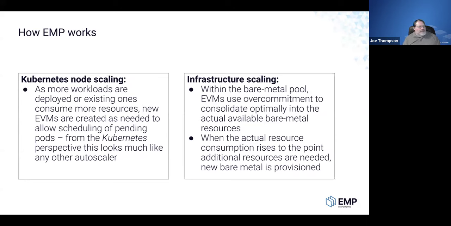The other thing that this allows us to do is say, okay, we kind of packed EVMs onto a bare metal node. Now the resource consumption on one of those EVMs has gone up. It needs more resources than are actually going to be available. We're hitting that threshold. What we can do is we can live migrate that virtual machine with that running pod in it over to a new bare metal machine.